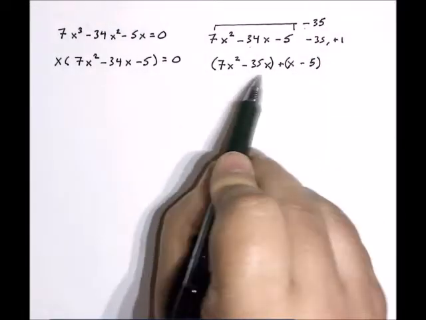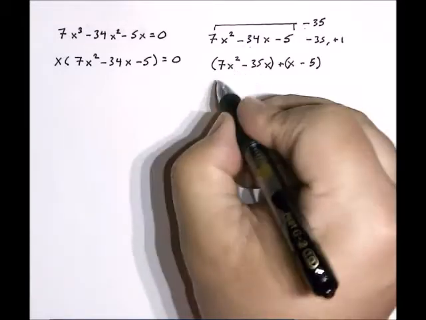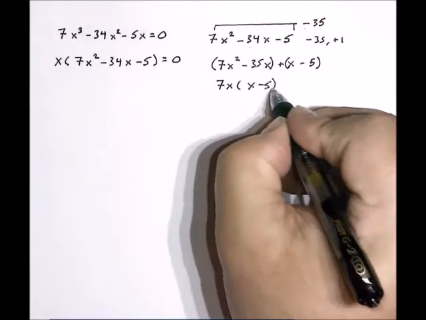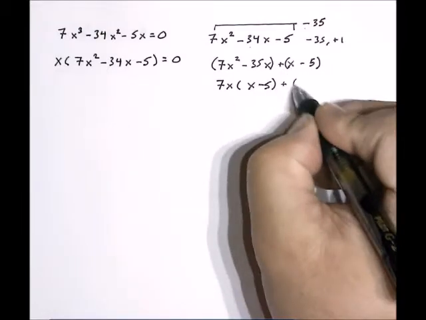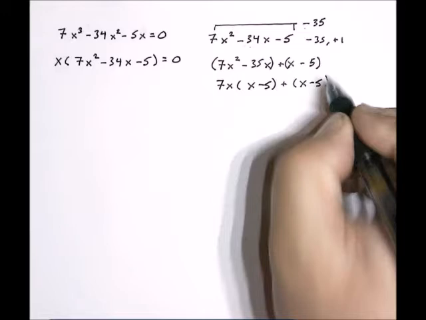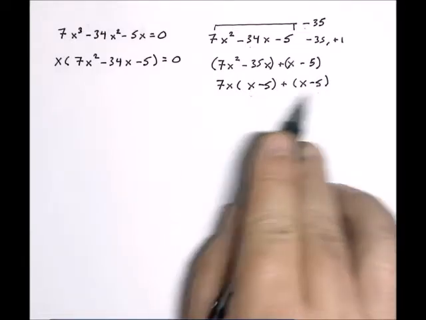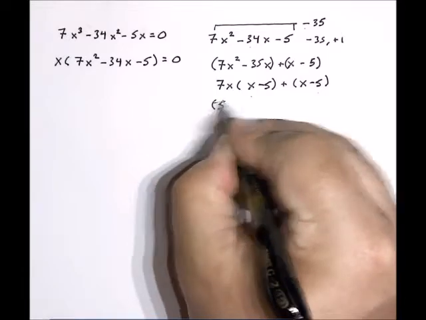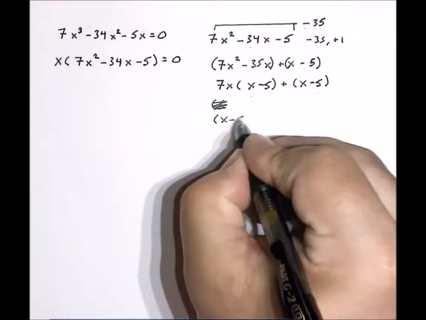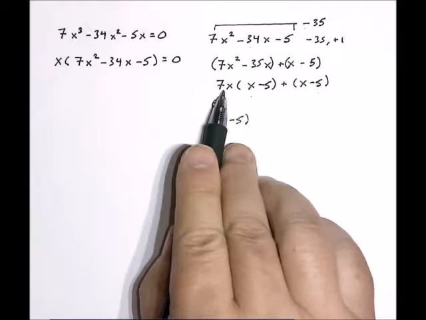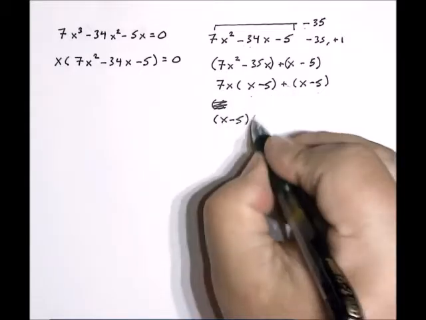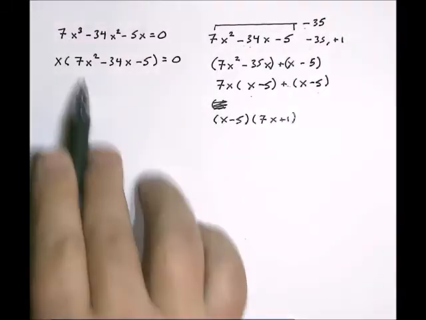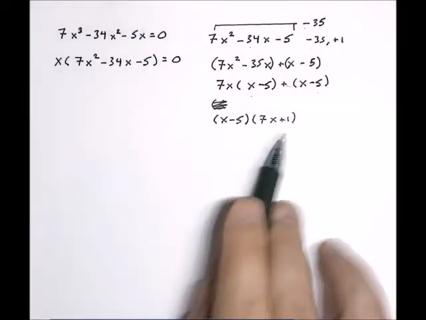So in this set of two terms, I can pull out a 7x. That leaves me with x minus 5. Nothing I can pull out of here. And now I have a term of x minus 5 in common, so I can pull that out. And I'm left with 7x plus 1. So now I can replace this with this.